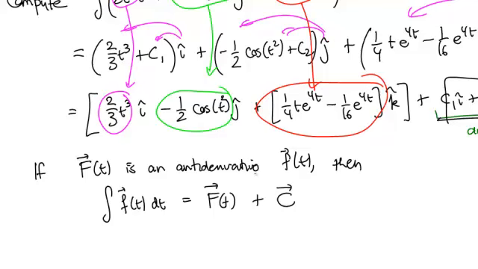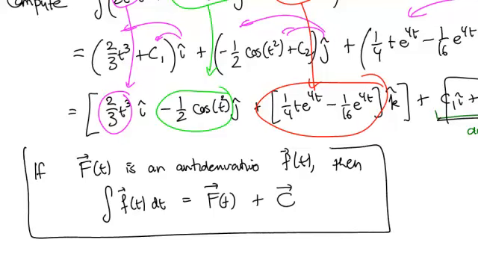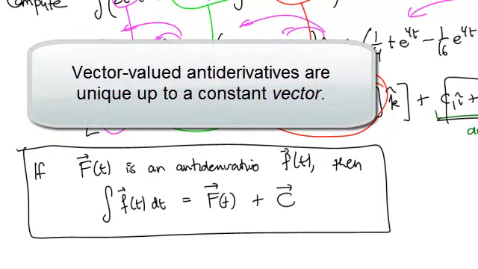This piece right here. This is a fact we took for granted in Calc 2, that antiderivatives are unique up to real constants. Well, this just says vector antiderivatives are unique up to vector constants. So we have a nice parallel.